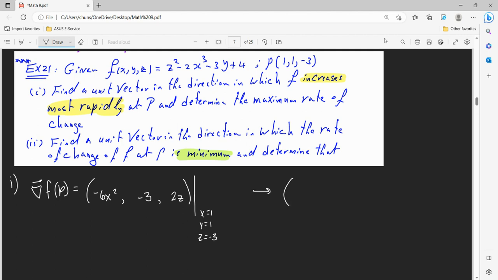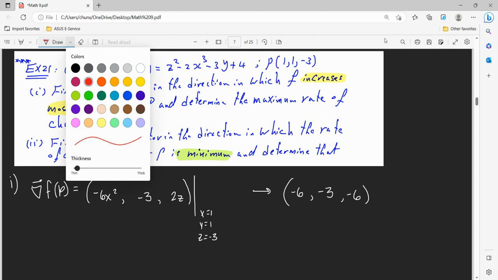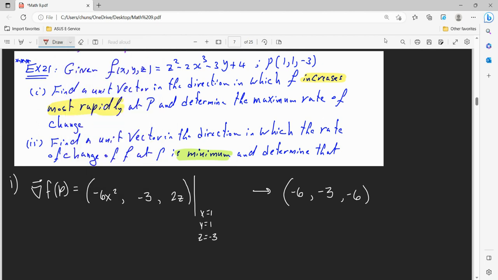So this then becomes negative 6 times 1, so this is negative 6, negative 3, and this is negative 6. So then when we find the unit vector, we want it to be for our maximum, so this is positive. So we're going to take our gradient for our vector that we just found and put it over the magnitude of what that would be.